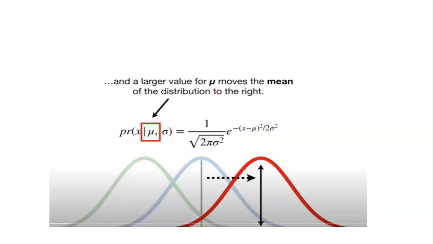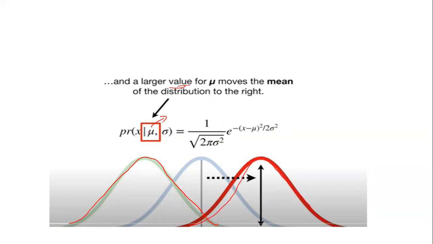So mu represents the mean of the distribution. If you provide a low value for mu, then this curve will shift towards the left. If you provide a larger value for mu, this curve will move towards the right.